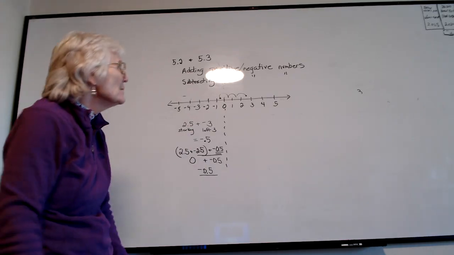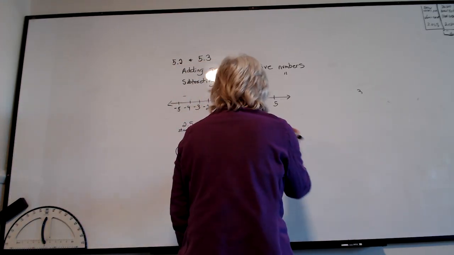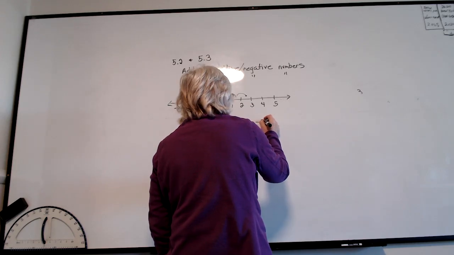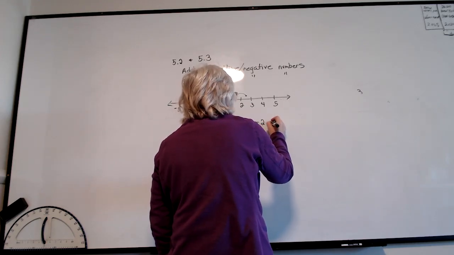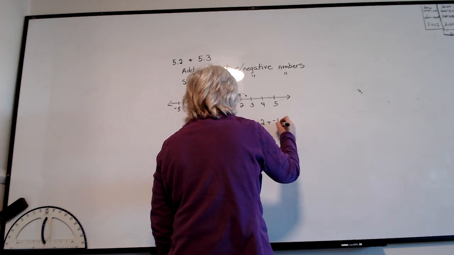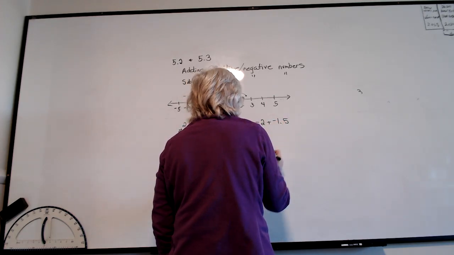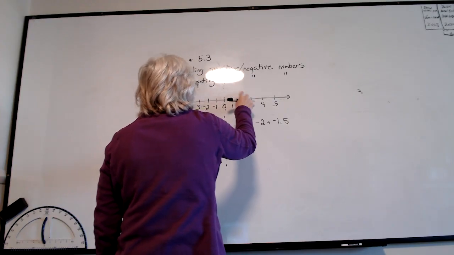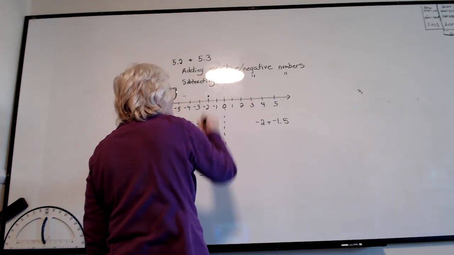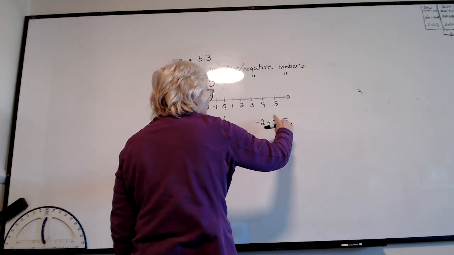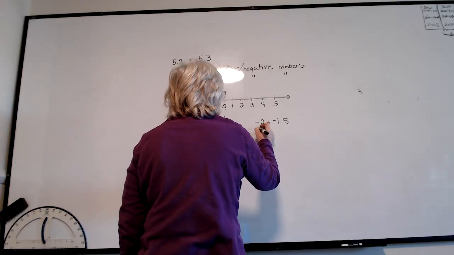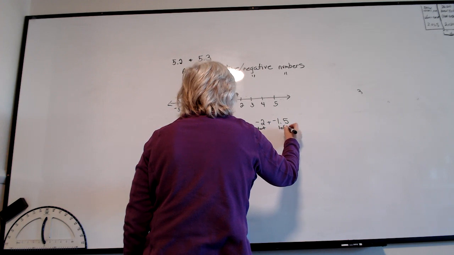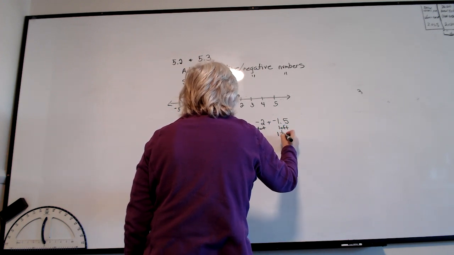Okay, let's look at one that maybe doesn't end up that way. Let's look at -2 plus a -1.5. So in this case, we are starting at -2, and then we're going to the left. So we start here, left 1.5.